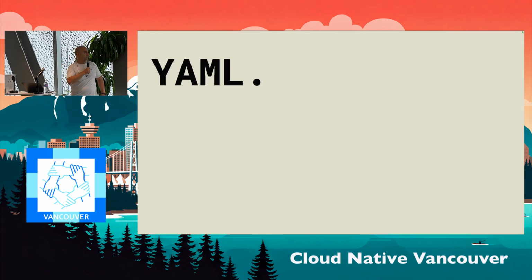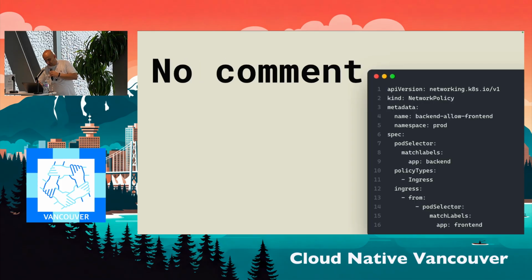I don't think I need to add anything here, but literally, if you indent something wrong, it will not tell you. You just need to get it right. And there are a lot of ways to get it right, but these are all cumbersome and daunting. You need to learn this whole thing before you can write a policy. So first of all, YAML.